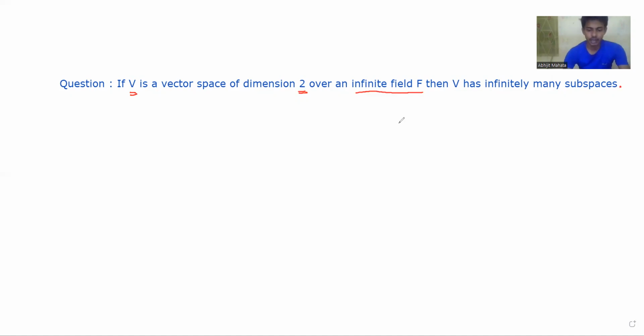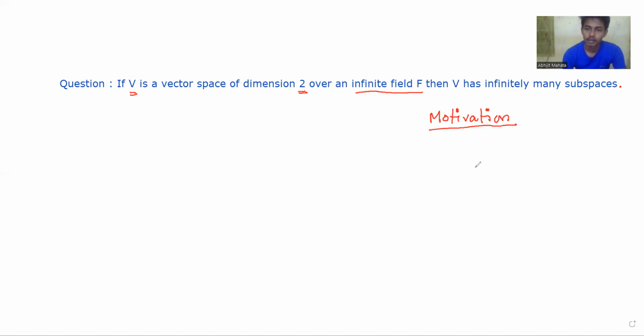Now to start the solution of this problem, we'll take motivation from the geometry of R2, to see how to start to solve this problem.